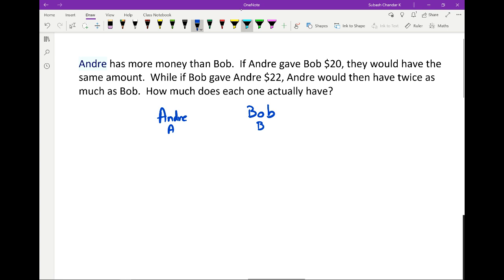The second sentence says, if Andre gave Bob $20, they would have the same amount. So if Andre gives $20, Andre has lost $20, and then if that $20 goes to Bob, Bob has gained the $20. That means now they've got the same amount of money.